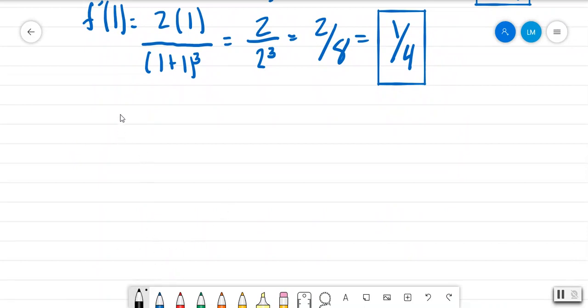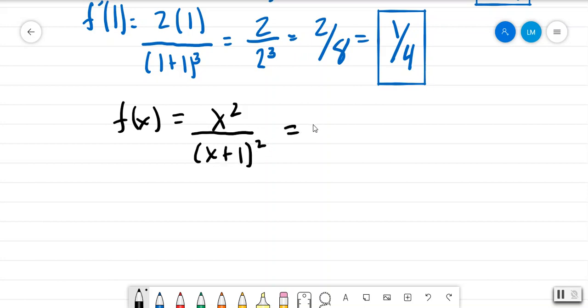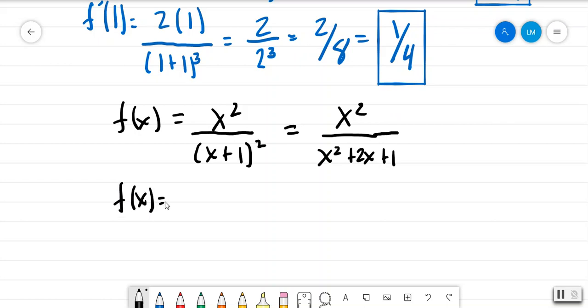So for example, you can rewrite the function f of x as x squared divided by x plus 1 squared. And then, of course, you can furthermore say x squared divided by x squared plus 2x plus 1. And you would just be using quotient rule. But the one thing that I did observe was that f of x equals x divided by x plus 1, all to the second power.